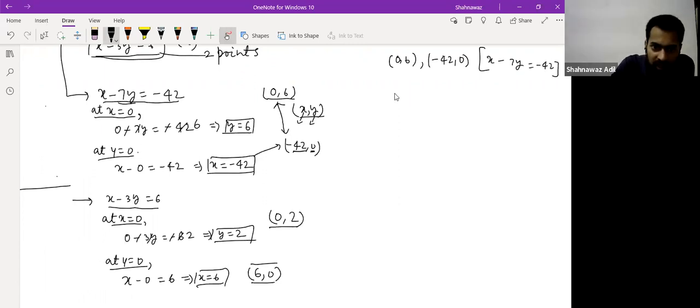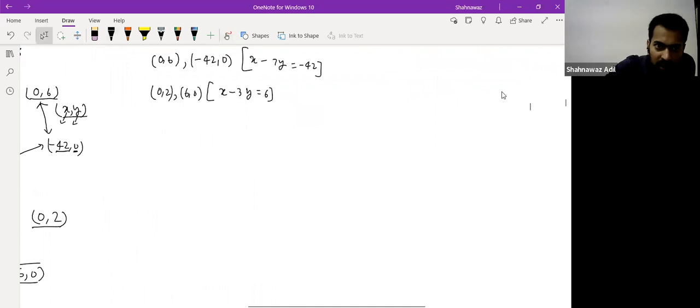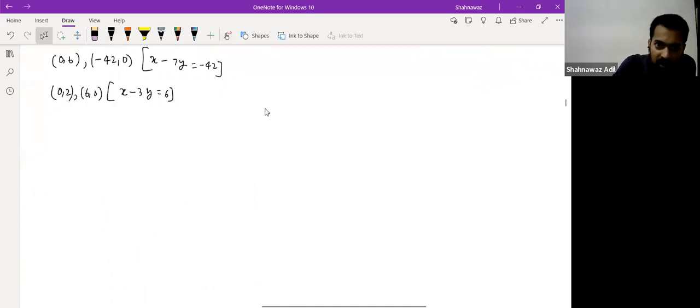And 0, 2 and 6, 0 for x minus 3y equals 6, right? Okay. So let's just draw the graph.